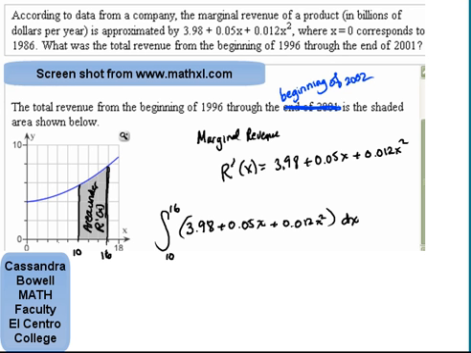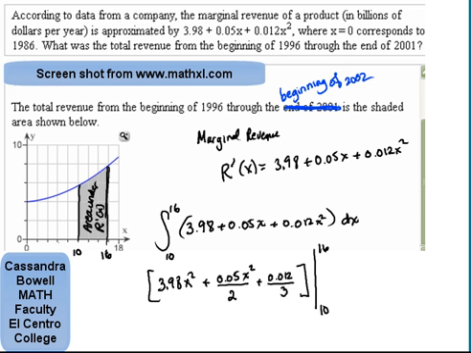All right. So can you help me find this antiderivative? 3.98x. Very good. 500x squared over 2. Over 3, x to the third. That's our antiderivative.